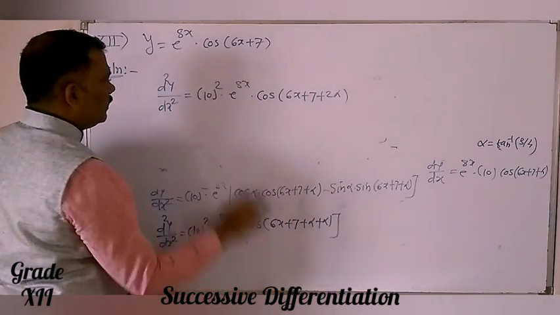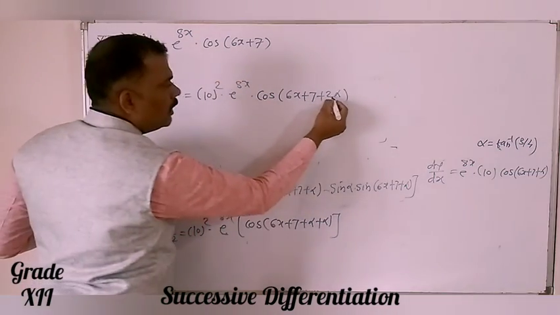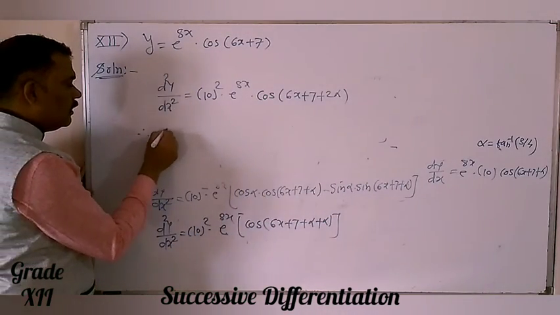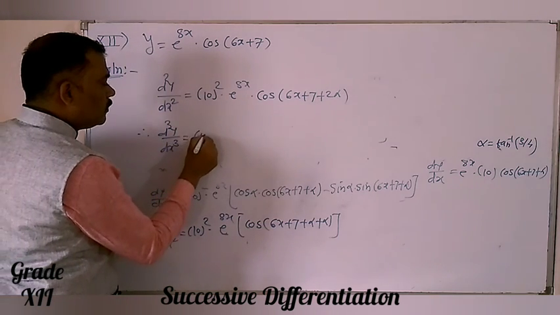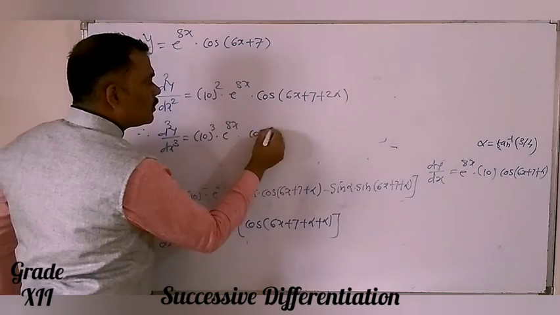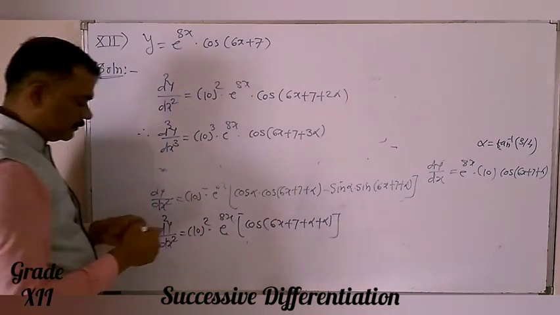If you observe the pattern, 10 square in the second order derivative, e raised to 8x as it is, here only 2 alpha, in the first order derivative 1 alpha. Therefore, the third order derivative we can write d3y by dx raised to 3 is equal to 10 raised to 3 into e raised to 8x into cos of 6x plus 7 plus 3 alpha.